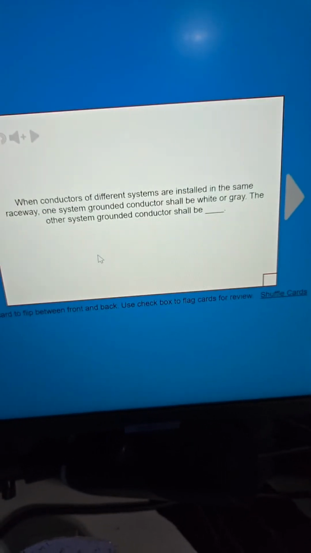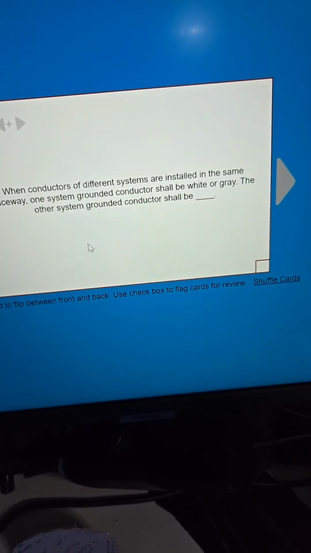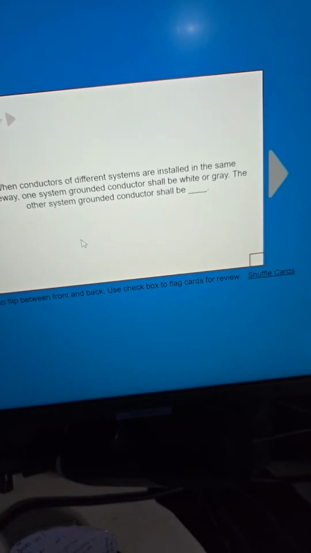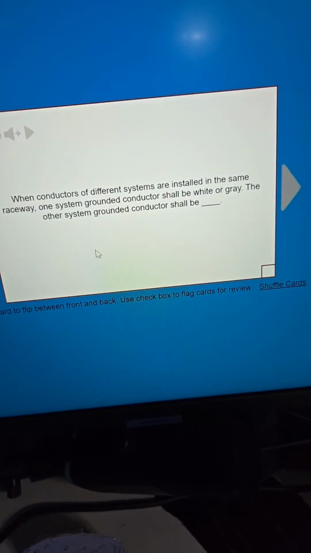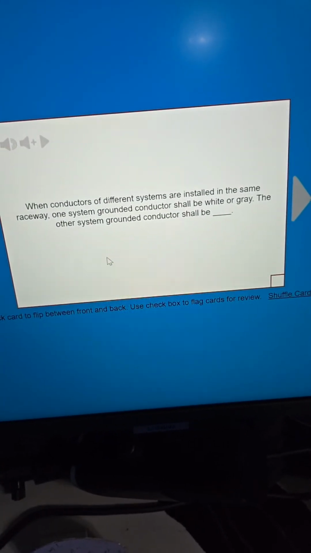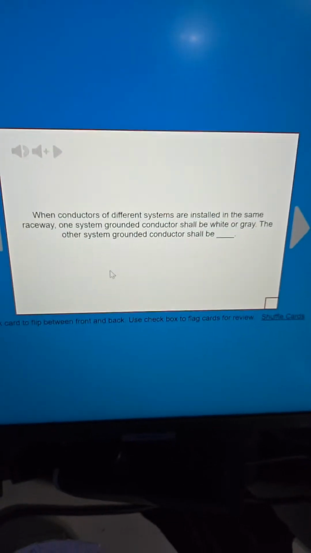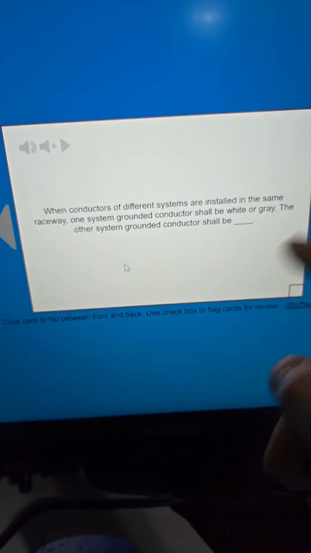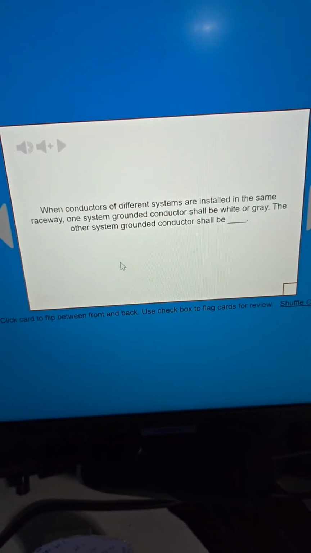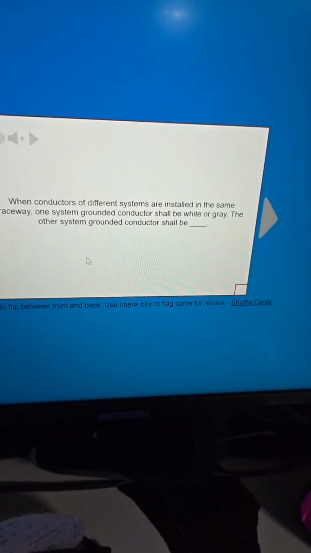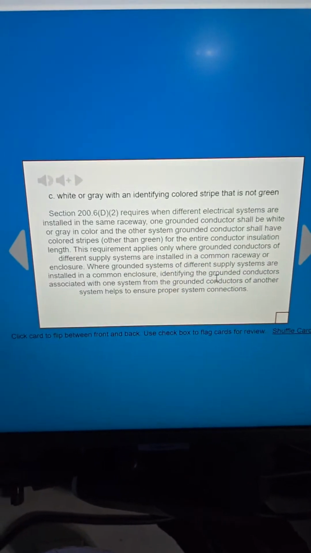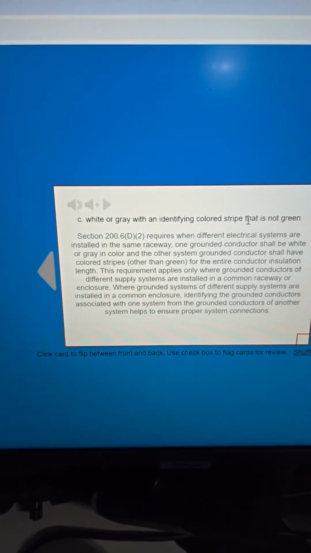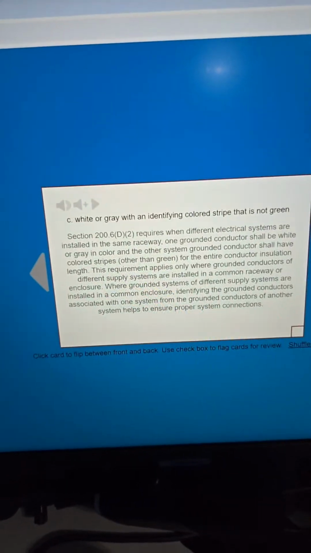The other grounded system shall be white with gray stripes. I'm standing by that because it's grounded, so that's the neutral. So there's not too many options we have. It's going to be stripes. Here we go. Stripes. Come on, stripes. Got it. White or gray with identifying colored stripes. It's not green. I'll take it.